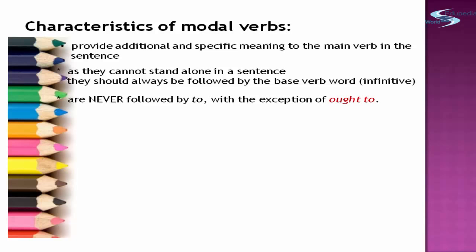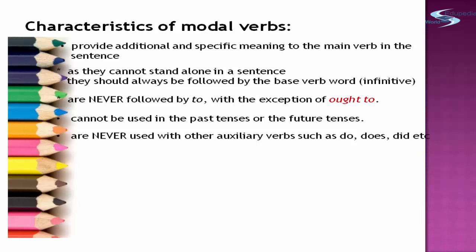They are never followed by to, of course, with the exception of ought to. They cannot be used in the past tenses or the future tenses. They are never used with other auxiliary verbs such as do, does, did, etc.